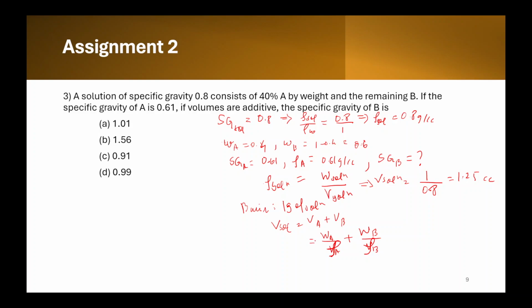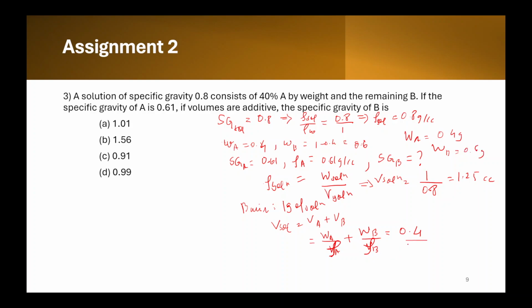So this is 0.4 because if 1 gram is taken and this is the mass fraction, WA will be 0.4 gram and WB will be 0.6 gram.